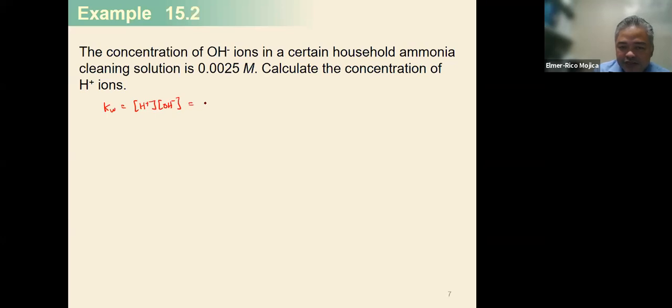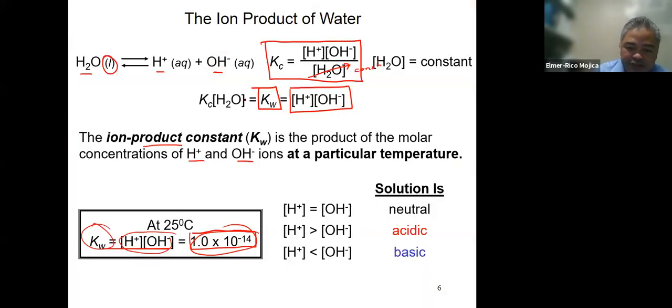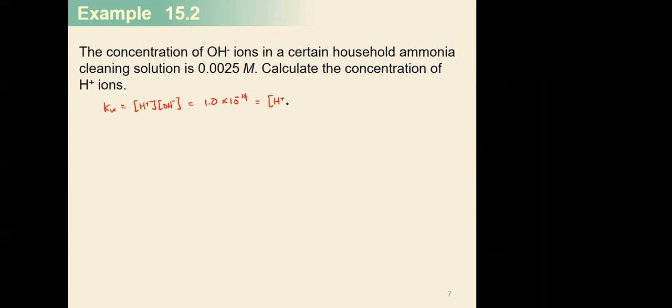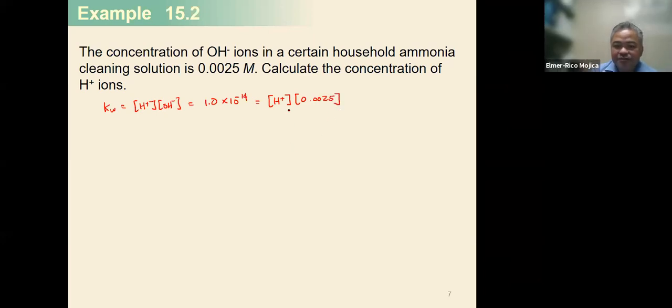And KW is 1.0 times 10 to the negative 14, right? You're going to look at this one. And which one is known between the two? Anyone? So you have here the OH minus, 0.0025.